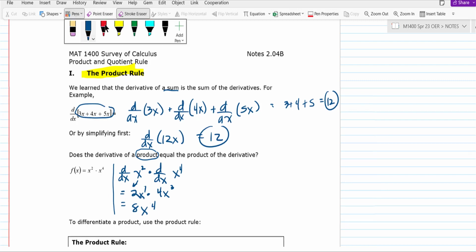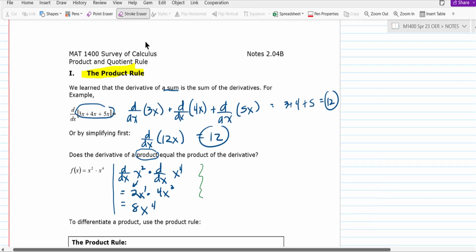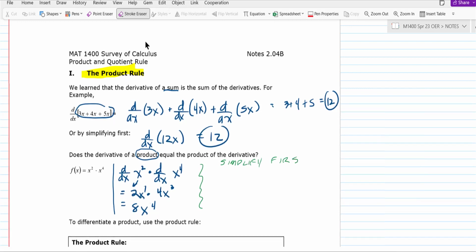Well, let's do another way. Let's see what happens if we just simplify first, and then do the derivative, and see if we get the same answer. So what I'm suggesting is if we take x to the 2nd times x to the 4th, what is that? The reason I ask is a lot of times students think it's x to the 8th.